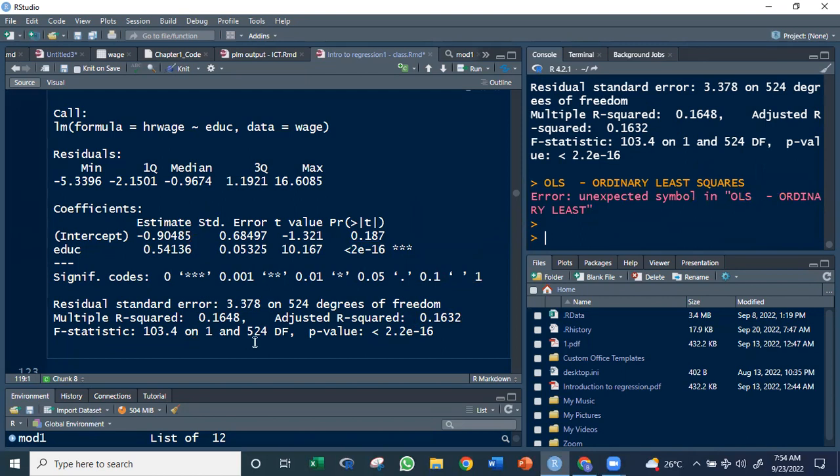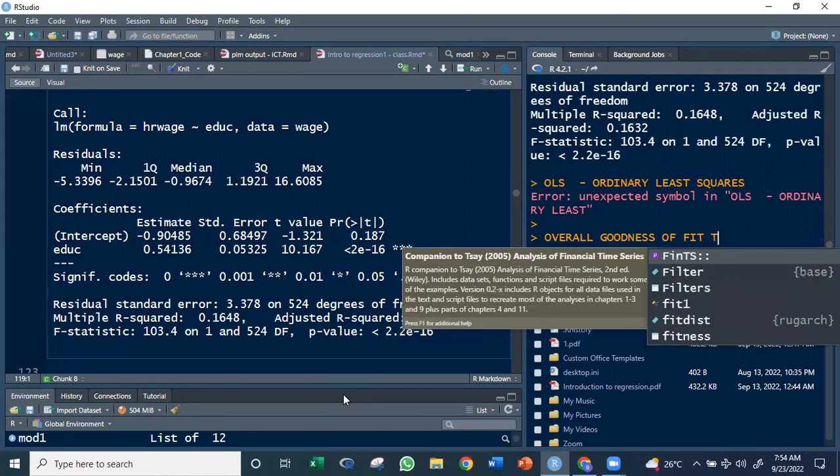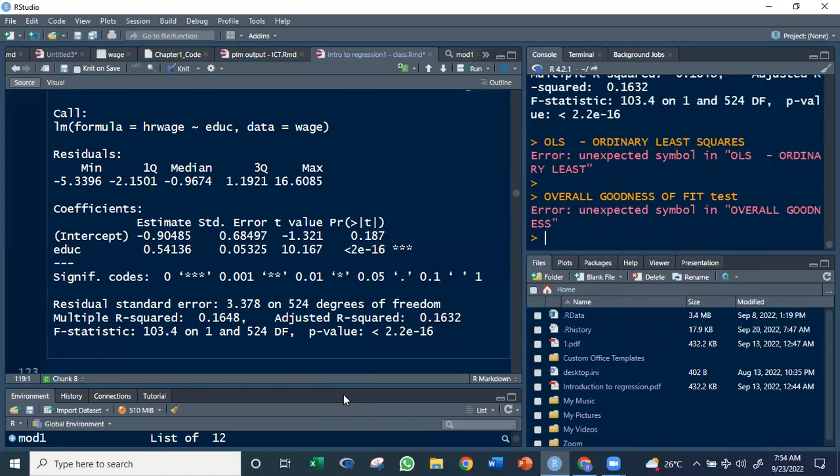This F statistic. Okay, so this is a statistical test, and we call it the overall goodness of fit test. So what's included in this test is your parameters. There are only 2 parameters: beta null, which is your intercept, and beta 1, which is your slope.